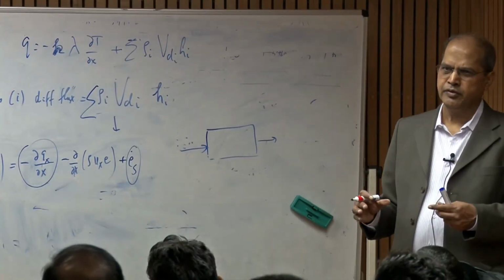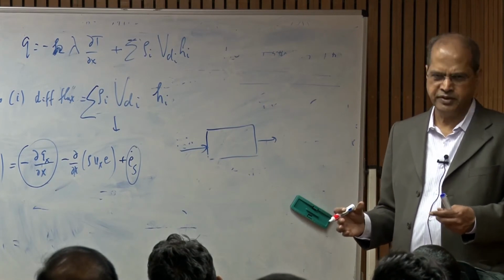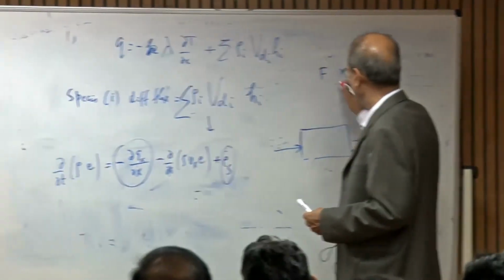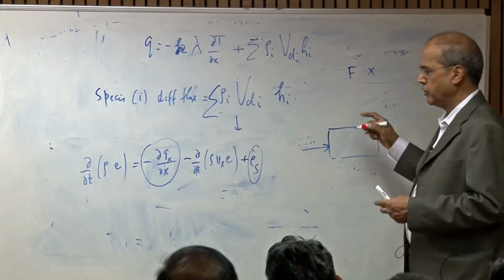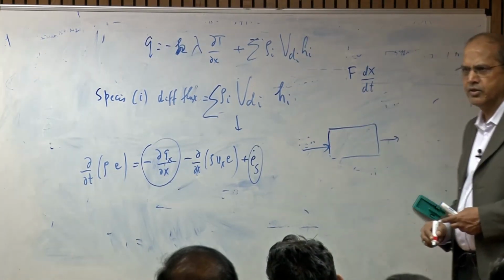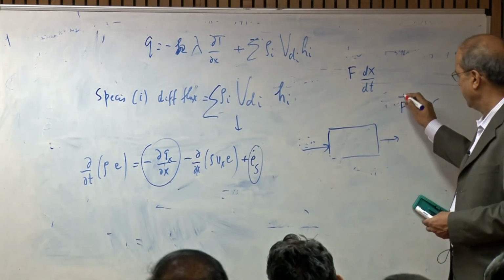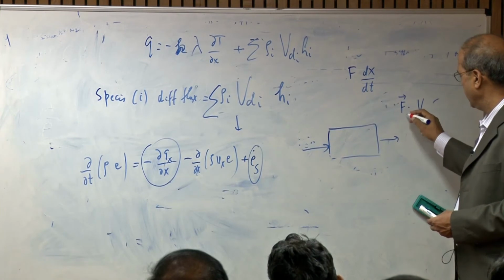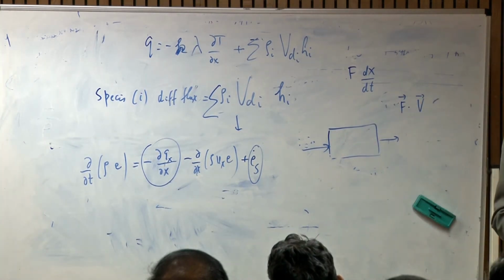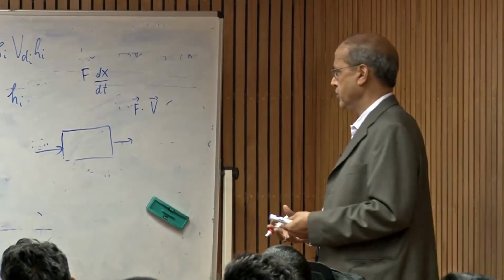From basic physics, work done is force times distance. To get the rate of work done, it becomes force times velocity. We take the scalar product of the force vector with the velocity vector. That gives the rate of work done.